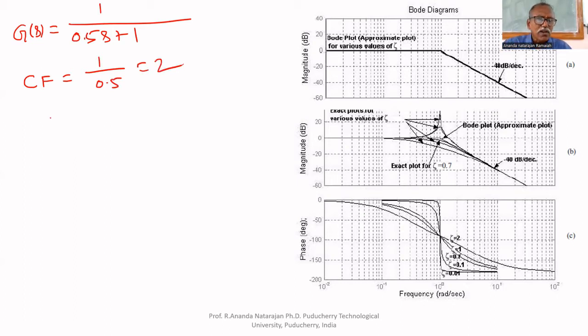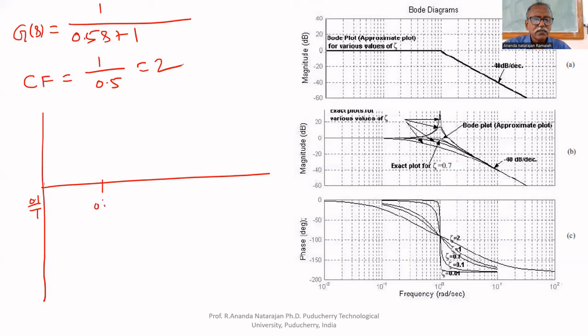Therefore, the plot for this is here. This is 0.1 by tau, this is 1 by tau, this is 10 by tau, this is 100 by tau.